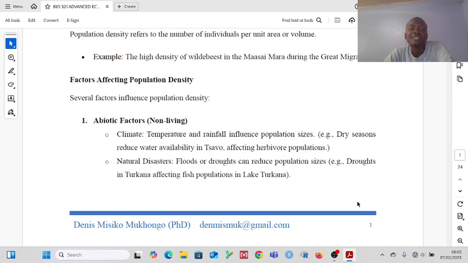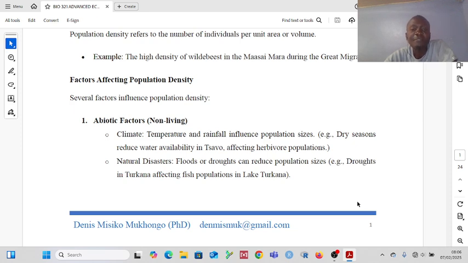Okay. Within still the abiotic factors, we have the natural disasters. When you have floods, fire, or drought, the expectation is that the animals or organisms that were present in an area where disaster struck will either leave or die. Leaving meaning moving out. So if we have fire, it will burn and kill trees.